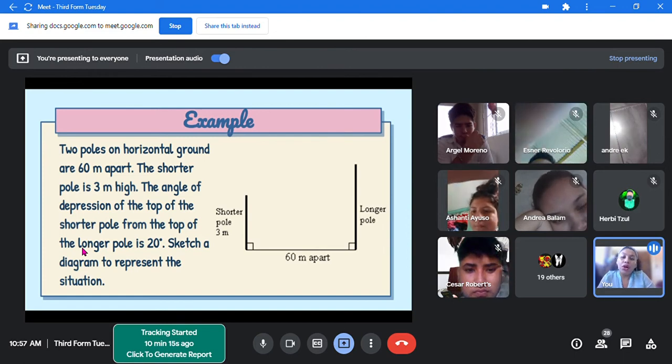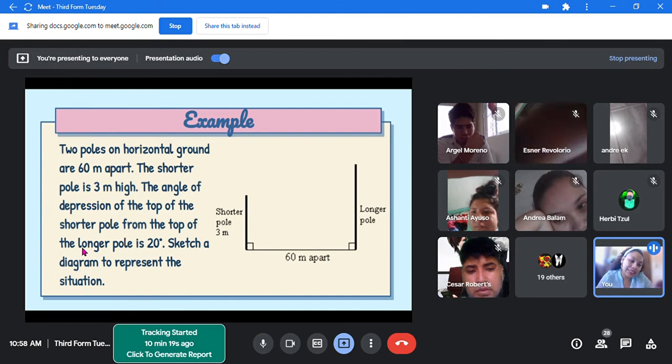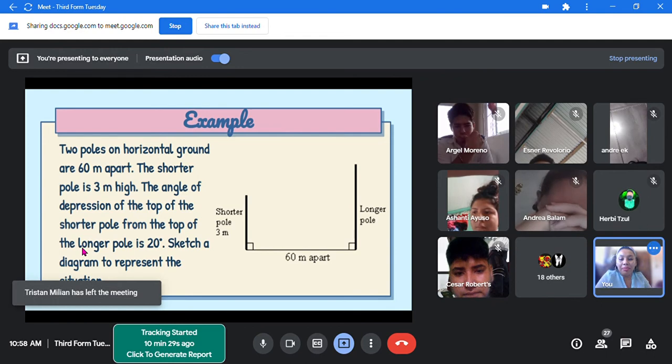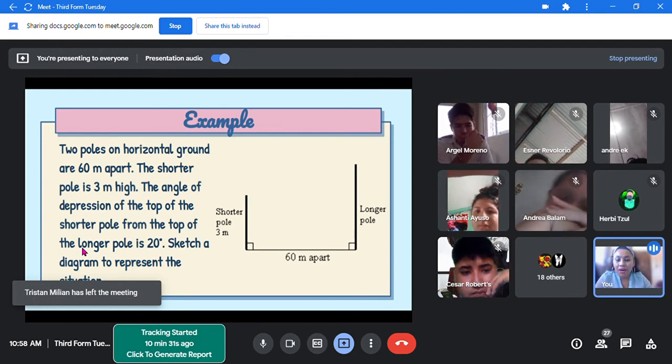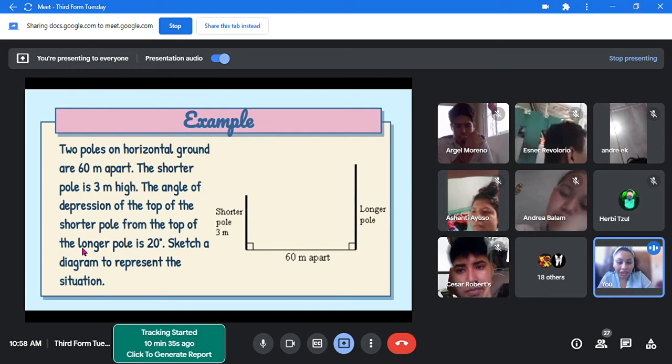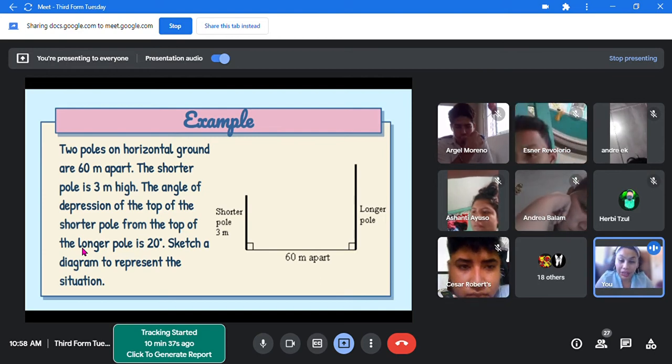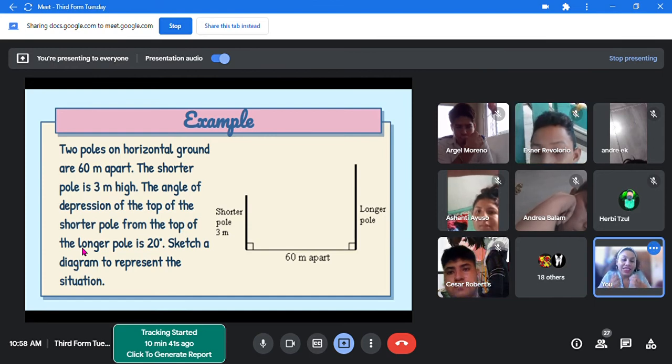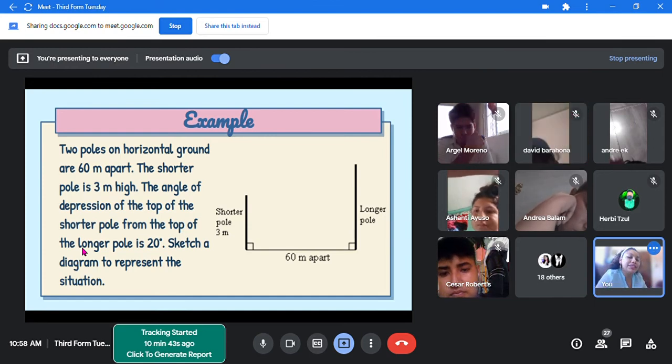Two poles on horizontal ground are 60 meters apart. The shorter pole is 3 meters high. The angle of depression of the top of the shorter pole from the top of the longer pole is 20 degrees. And that sentence has the information that we want. That is the important sentence.